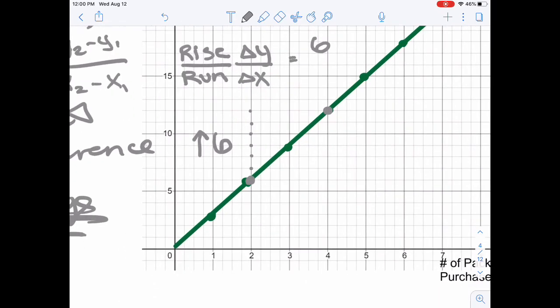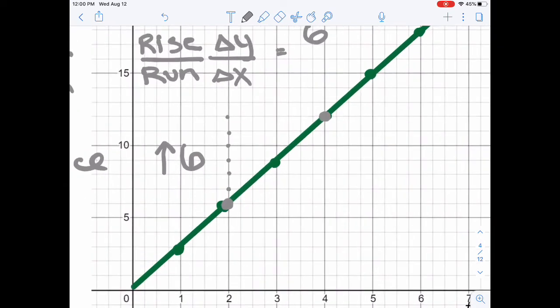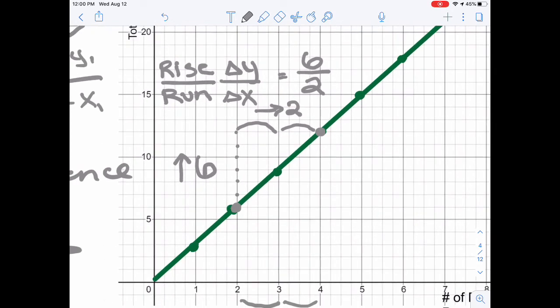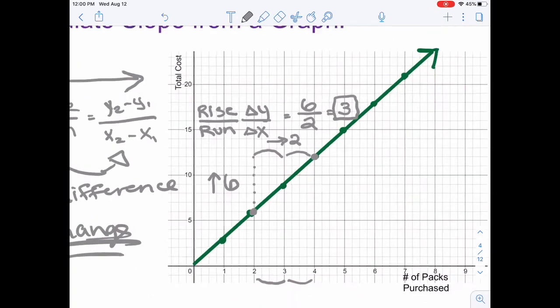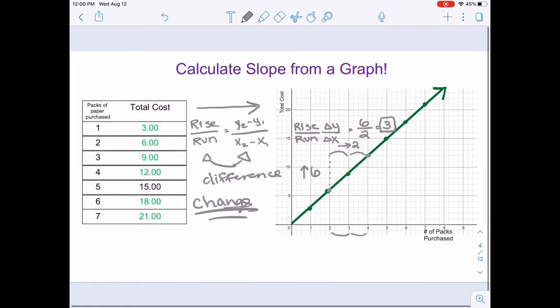If we look at our x-axis, we see that we increase by 1 on the bold lines. So calculating our run is going to look like 1, 2. Because I moved to the right 2, I increased by 2. That's going to be positive. 6 divided by 2 is 3. We got the exact same slope as last time because we were using the exact same data table.